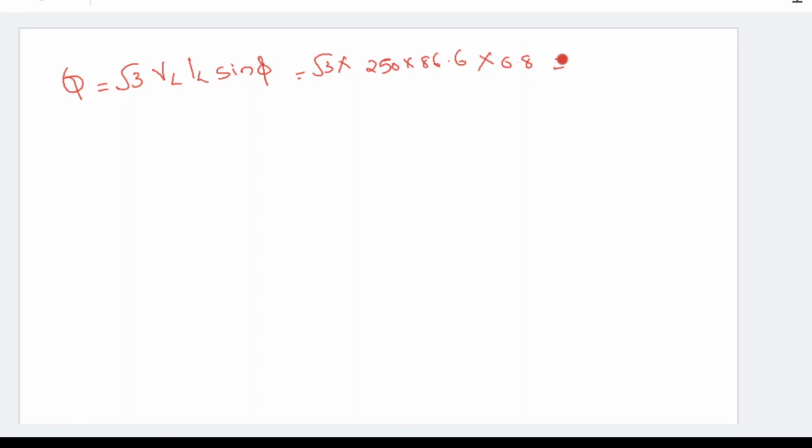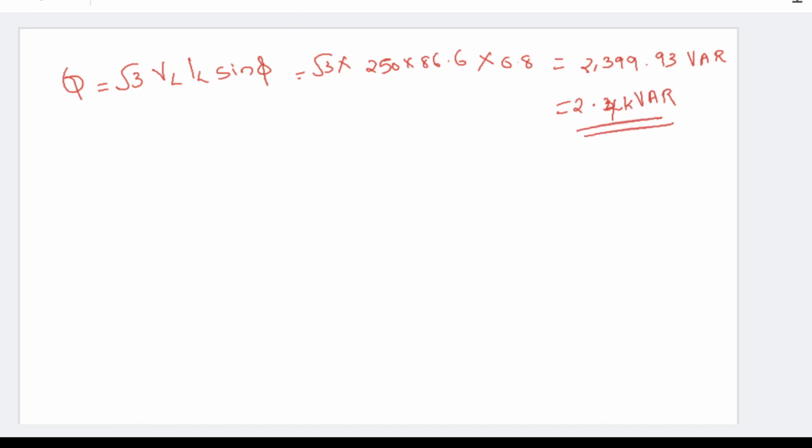That is 0.8 into 86.6 into 250 into root 3. That will be equal to 2399.93 reactive power, isn't it? So it will be VAR. Or you can write it as 2.3 or 2.4 kVAR. This is the unit.